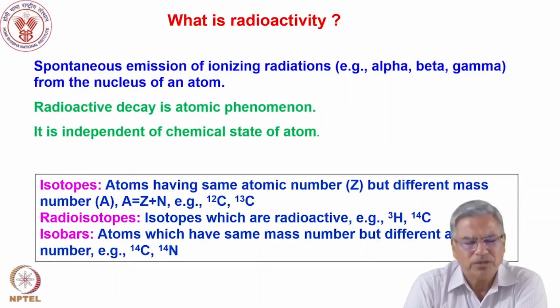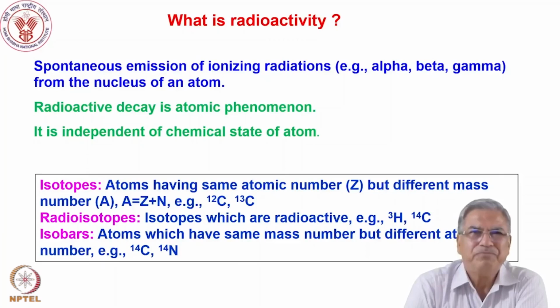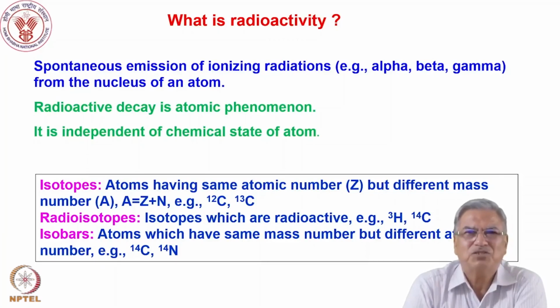Like we have isotopes. So isotopes are atoms of an element having the same atomic number, which we will call Z, but different mass numbers. So mass number is denoted by capital A, atomic number by capital Z. And mass number is nothing but the sum of the proton number and neutron number of the nucleus.